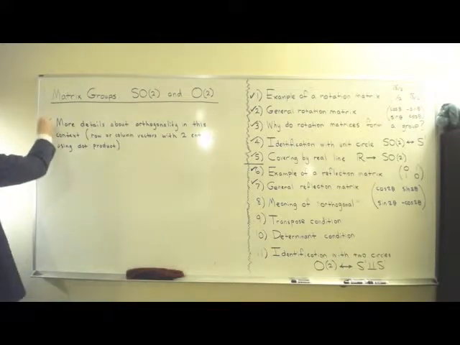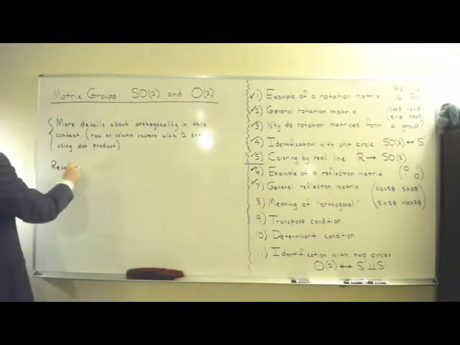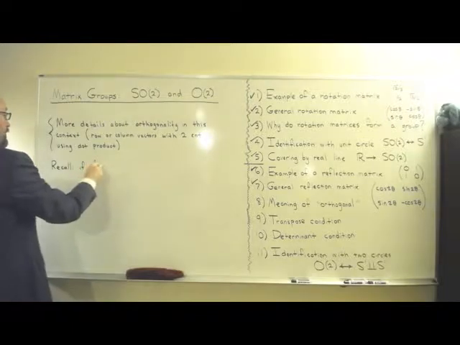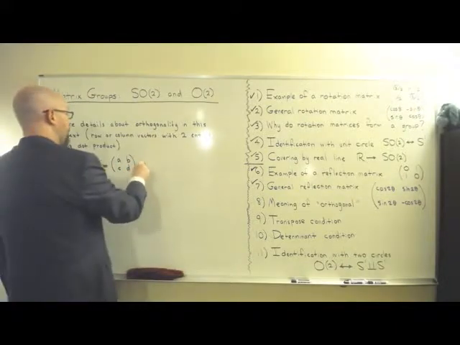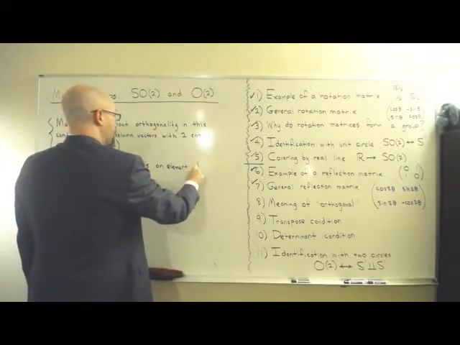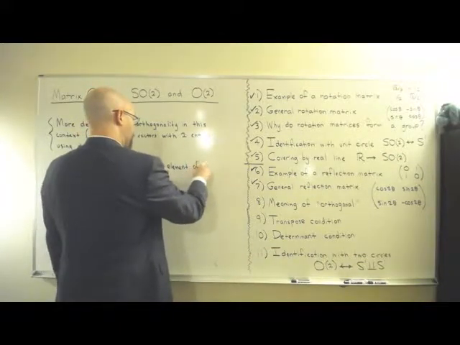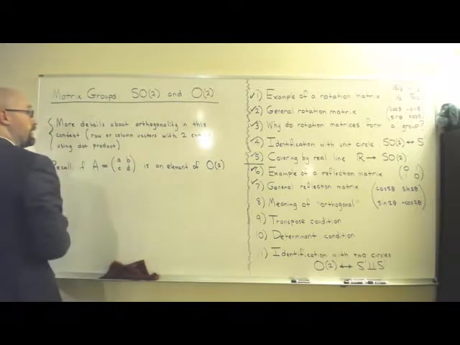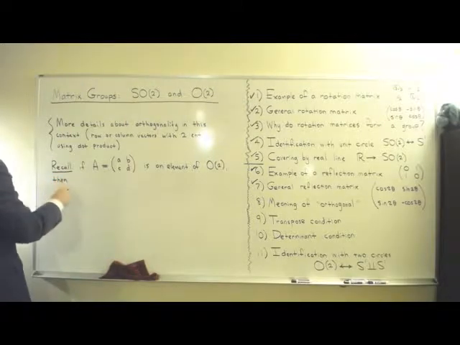So you remember I wrote this, so I said something to the effect that if A, B, C, D is an element of O2, then let's just look at the rows.